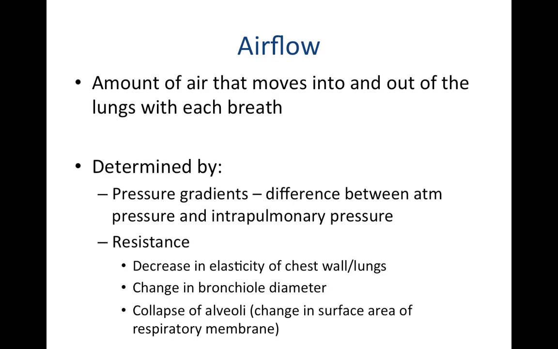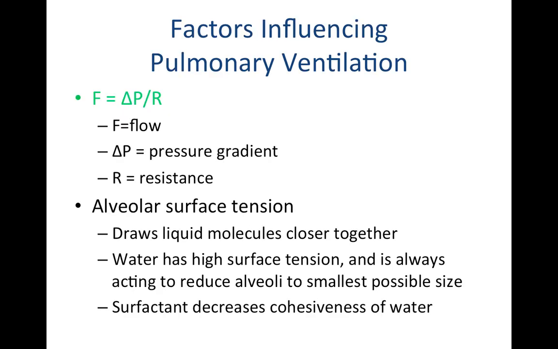If you increase the steepness of the pressure gradient, that increases flow. If you increase resistance, that decreases flow. So here's that equation that hopefully looks familiar. Flow is equal to the change in pressure, or your pressure gradient, over resistance.